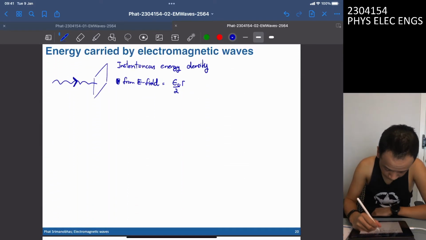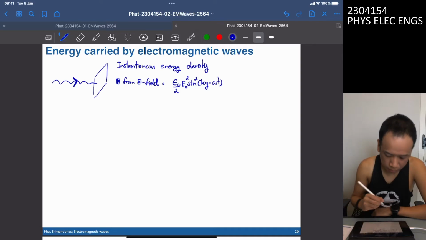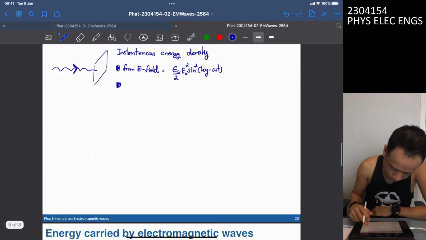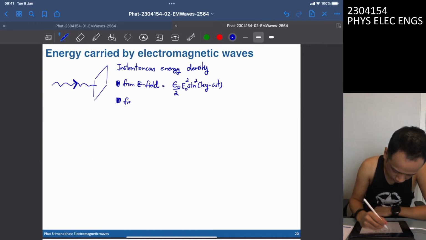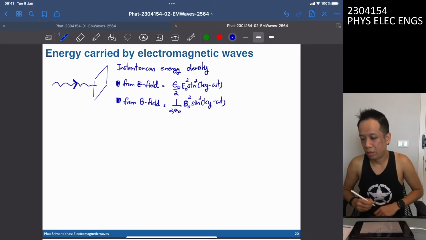So you have E0 squared sine squared of (ky minus omega t). Okay, and then from the B field, you're going to get 1 over 2 mu 0 B0 squared sine squared of (ky minus omega t).